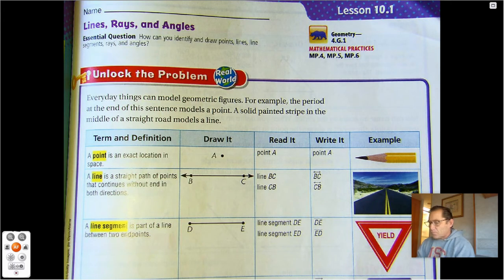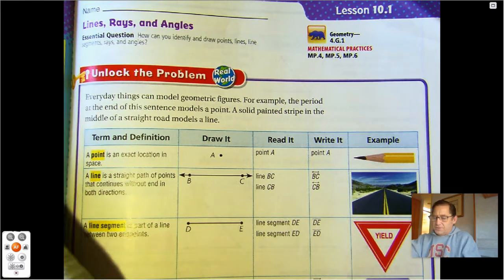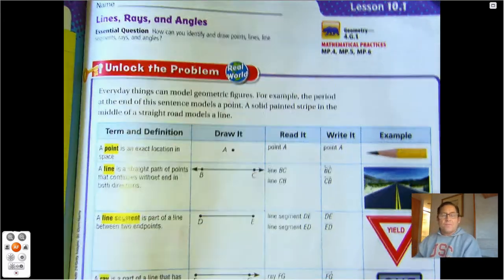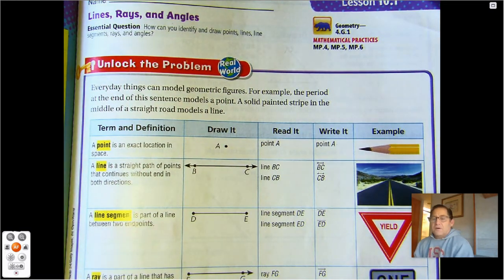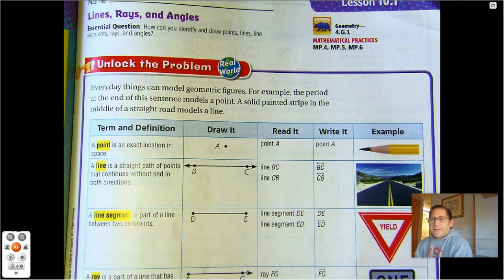Now, as we start our discussion of geometry terms, a large part of geometry is a large amount of definitions. So what I would recommend is that as we discuss new terms, you create flashcards or some type of glossary of terms.